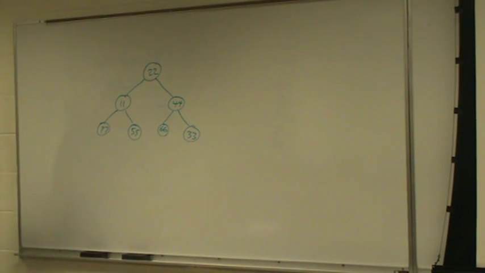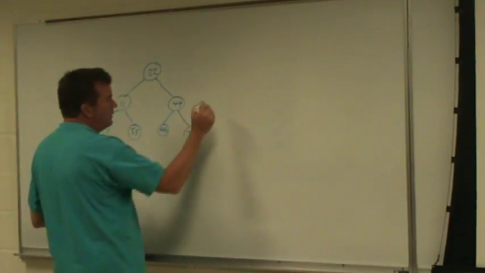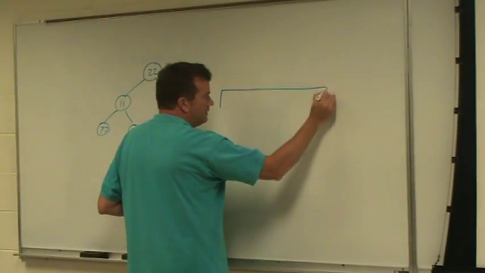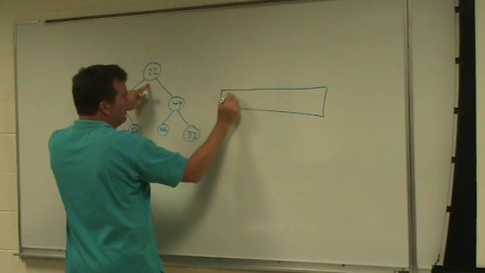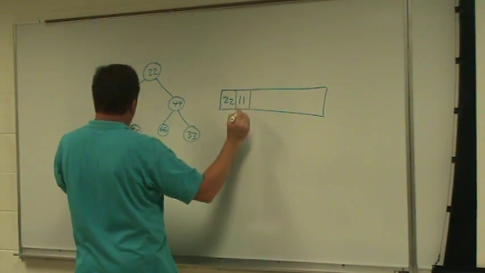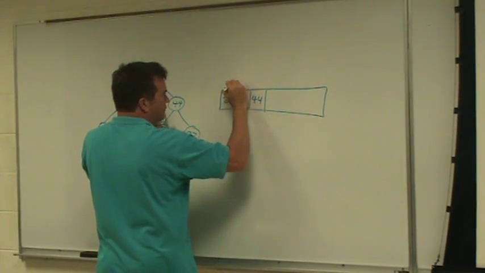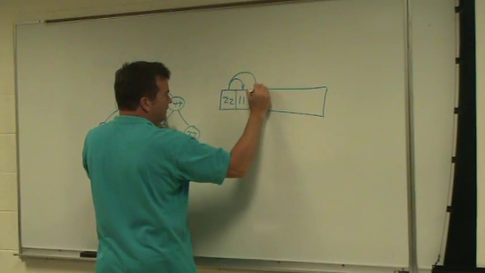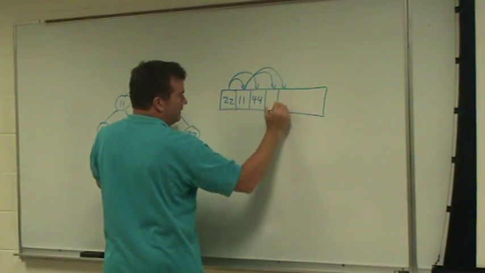What we could do is, first of all, to represent a heap, we could use that trick. We can have an array, and basically, this is number 1, 22, this is number 2, number 3. So basically, here's the root, and here's one child, and here's the other child. Then this one's first child is here, and the one right after it.